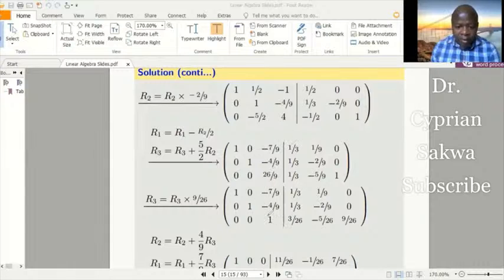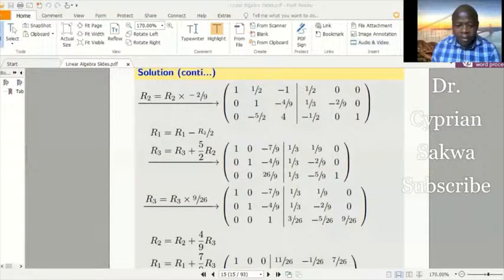Now that we have this one, we want to use it to create a 0 in this position and another 0 in this position. So how do we get those zeros? That's what I wrote in my next step.